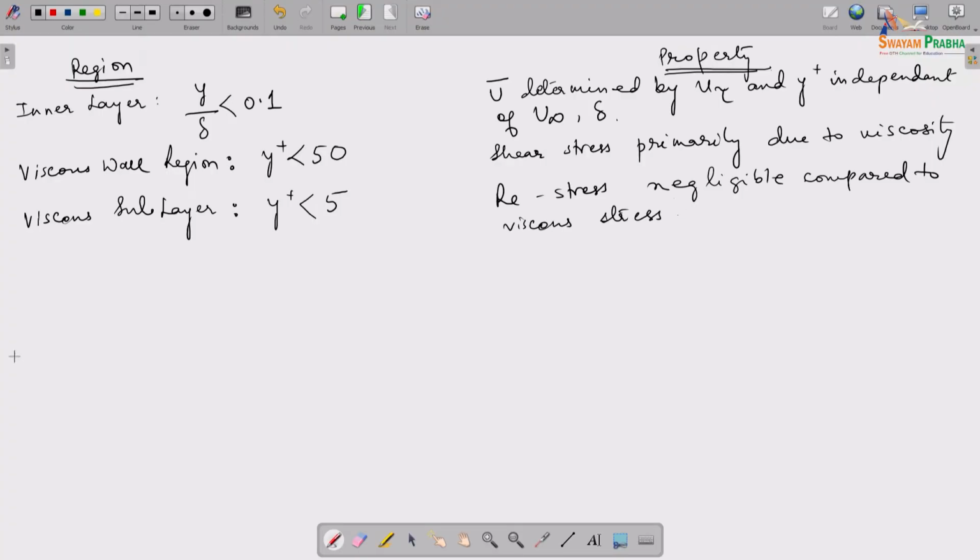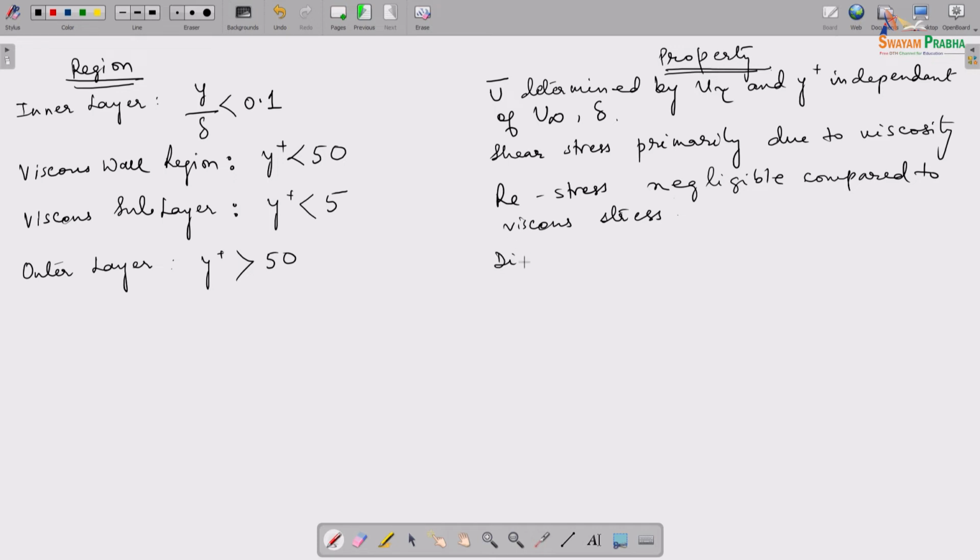Okay, so then we come to the outer layer. Here basically viscosity effects are minimal.